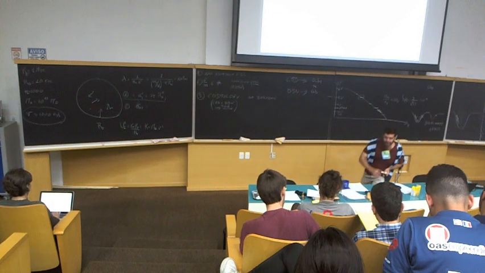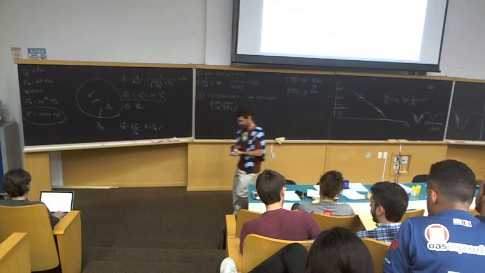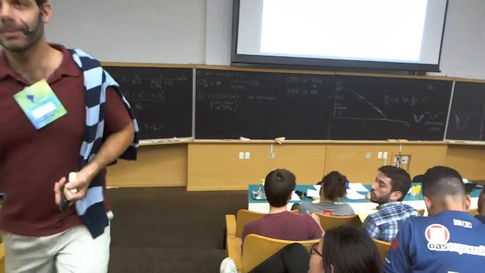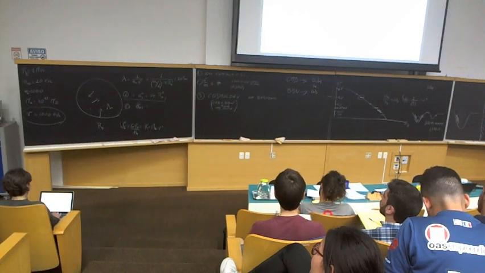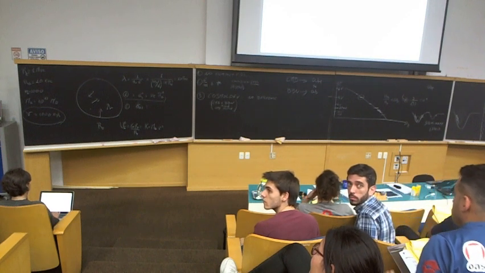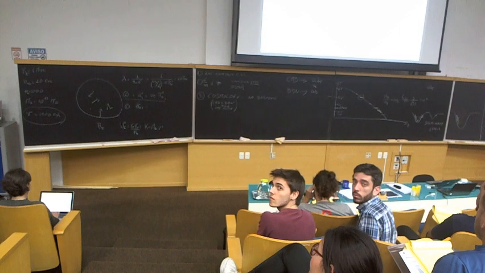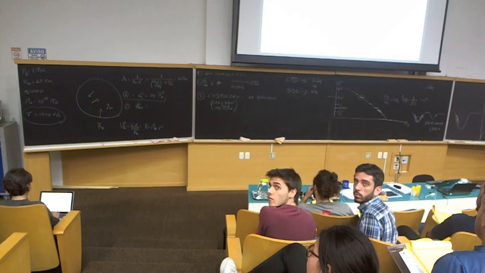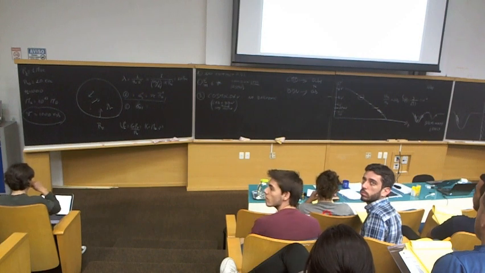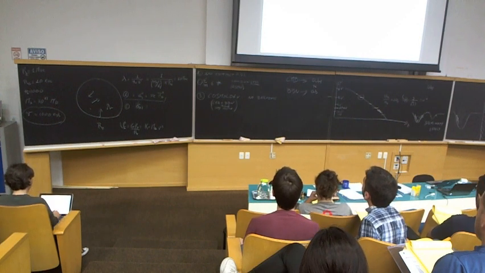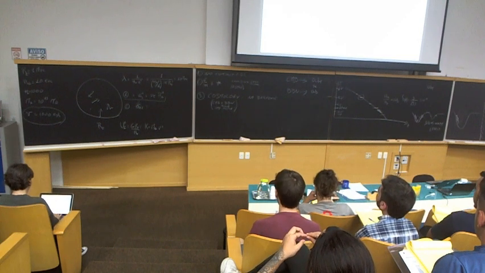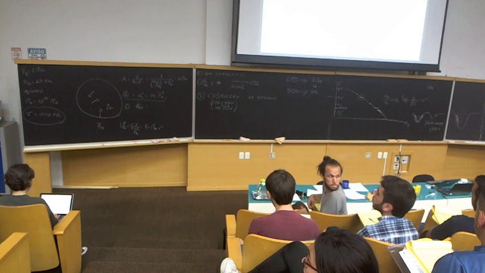Good. Let me take the microphone. Are neutrinos baryonic matter or not? That's something we're going to talk about later on. I'm going to show you why they don't contribute to the baryonic content, in fact. So they do not count for the primordial nucleosynthesis. So in principle, at this stage, they could be the dark matter.